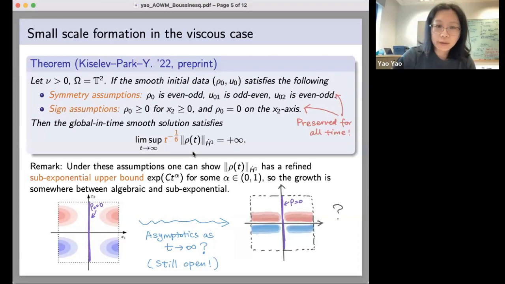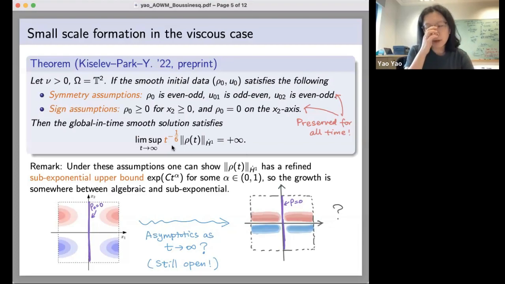Okay, so that is clear. And one remark that I would like to make is that under these assumptions, we have proved that the global in time solution must have at least this growth rate.